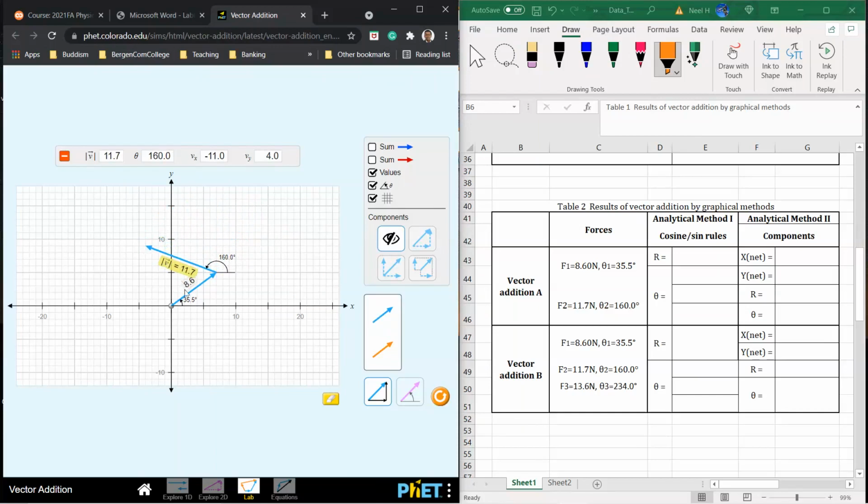Coordinate-wise, it's around -1 on x and +2 on y. Just move the arrowhead and you can find the exact location: angle 160 starting from +x, magnitude 11.7.